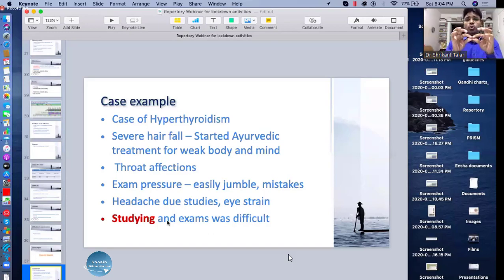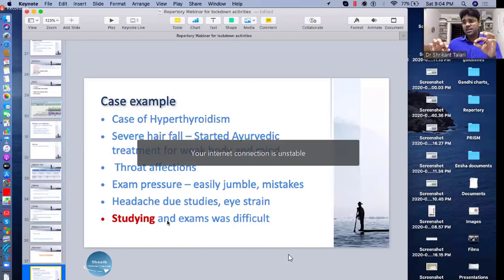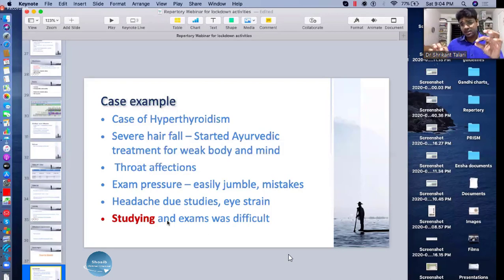I used to not remember the first sentence. Directly I would remember the second sentence in the answer or the fourth sentence. So I would first write the third sentence, then the fourth sentence, then the first sentence. Everything used to just get disconnected.